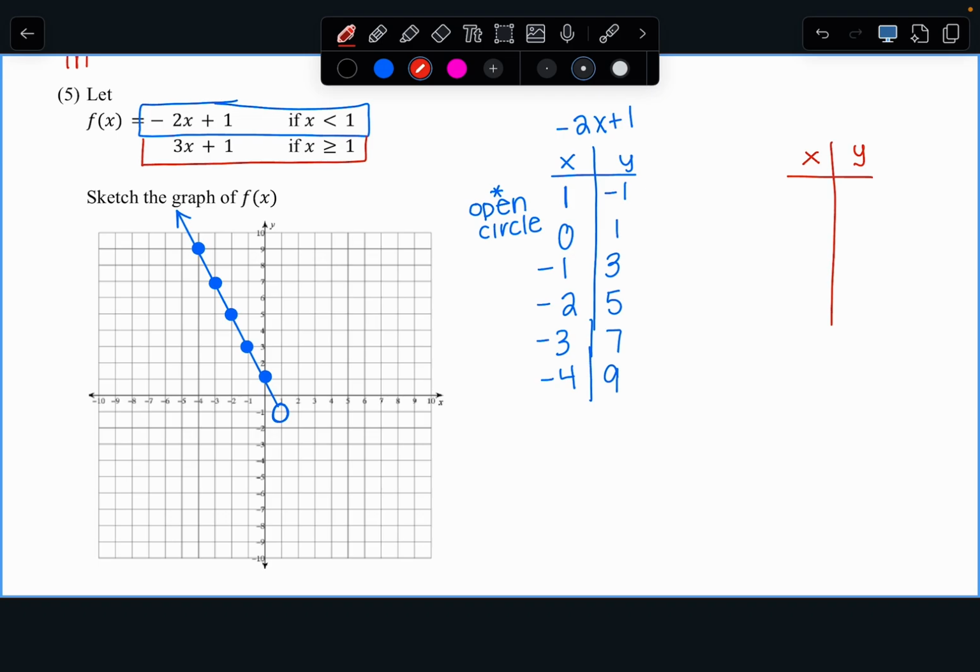So, in red, we have 3x plus 1, and we're starting at 1. This is a closed circle because x is greater than or equal to 1. So this is 1, 4, 2, 7, 3, 10.